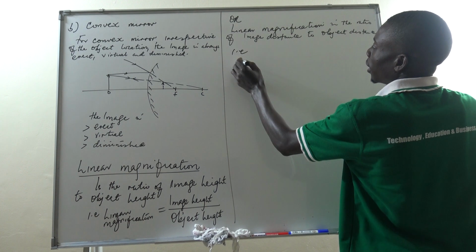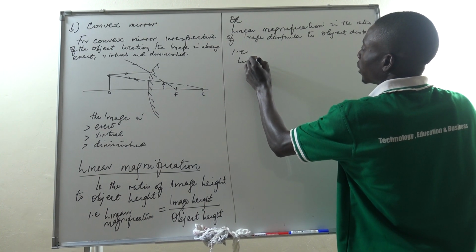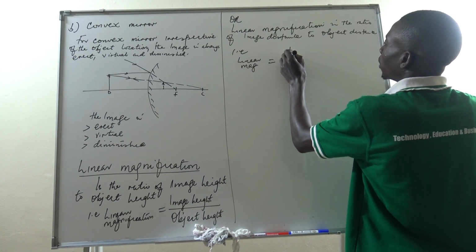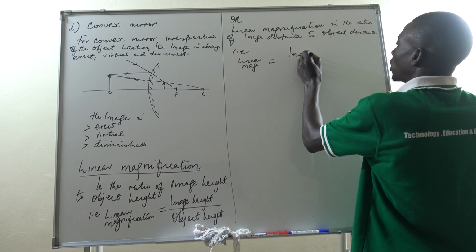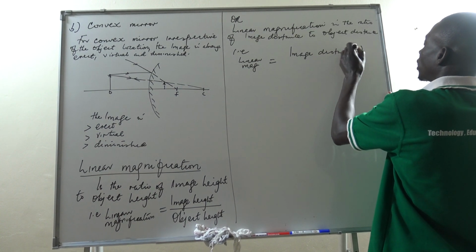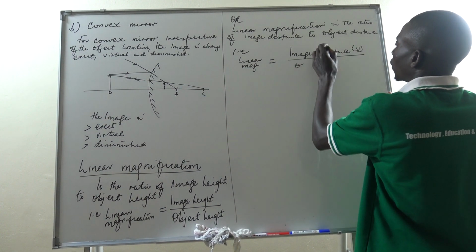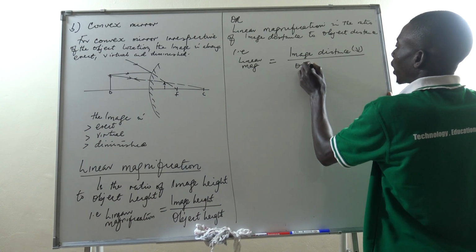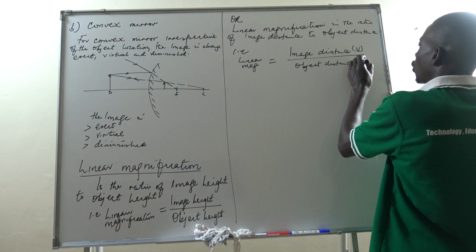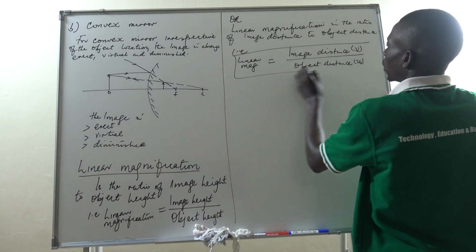That is, linear magnification can be equal to image distance, if it is V, over object distance U. Is that okay?